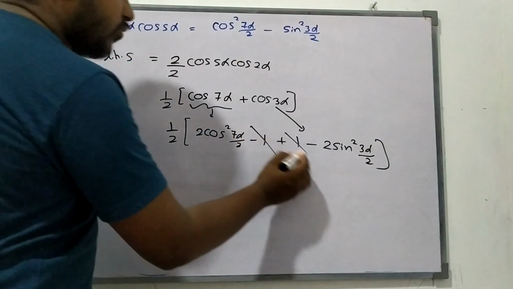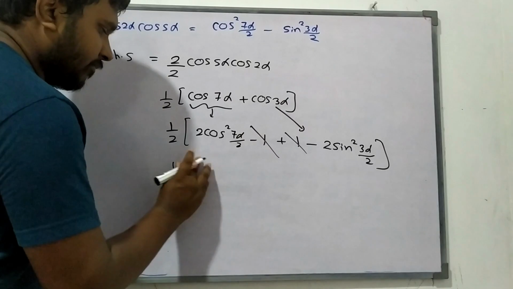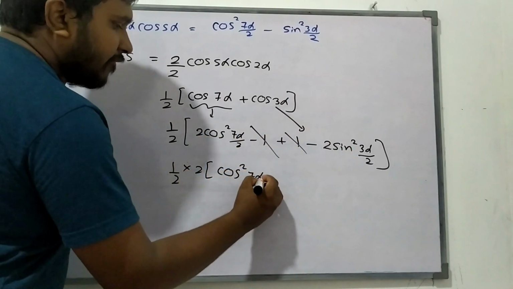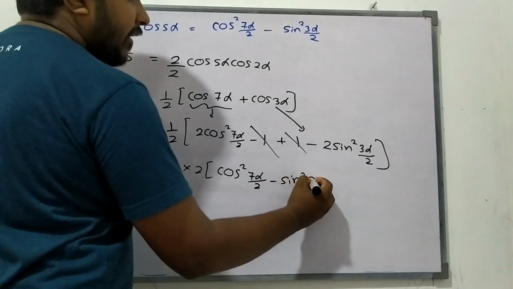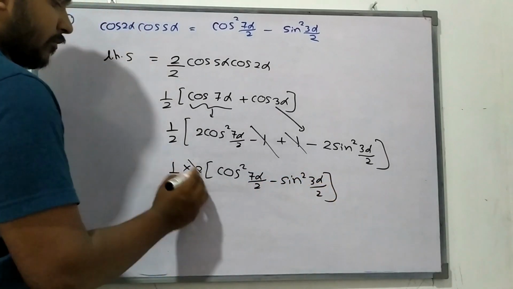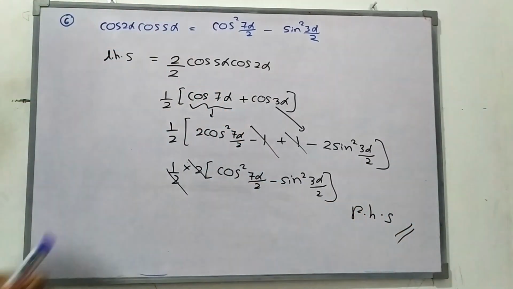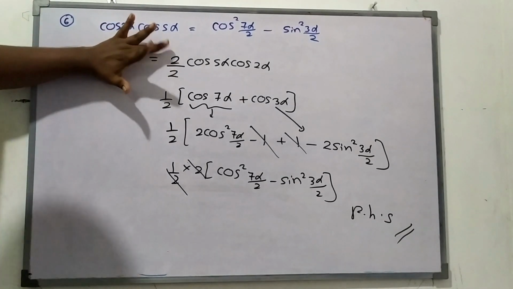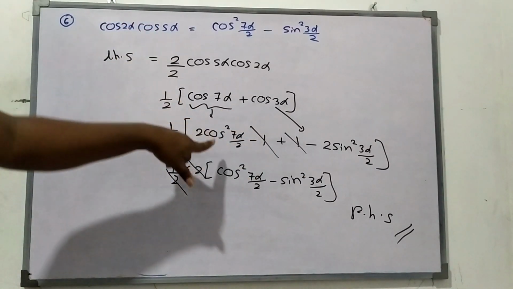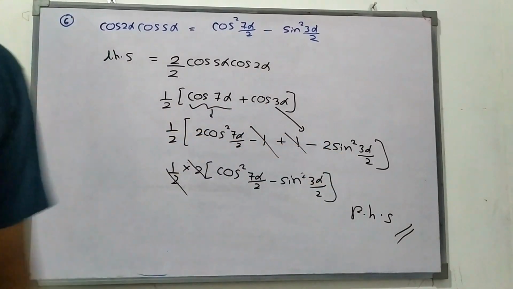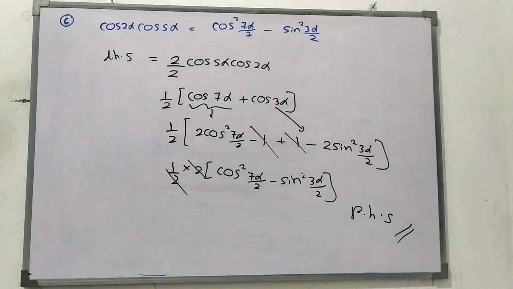So basically these two get cancelled, half, and here 2 can be taken out, cos squared 7 alpha by 2 minus sin squared 3 alpha by 2, 2 getting cancelled. This is my right hand side. So basically what I did, I started from left hand side and I put 2 by 2 and used the CD formulas and converted it to the half angle formula of the cos, half angle formula of the sine. So that is what I did for that example.